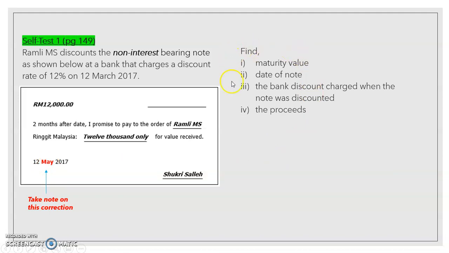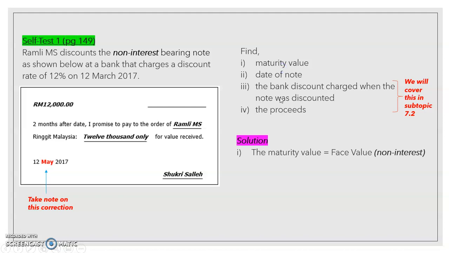Okay, so in the module, there are 4 questions. Alright, but for question 3 and question 4, we will cover them in your subtopic 7.2. Alright, we go one by one. What is the maturity value? So the maturity value is equivalent to face value. Why? Because it's a non-interest bearing note.